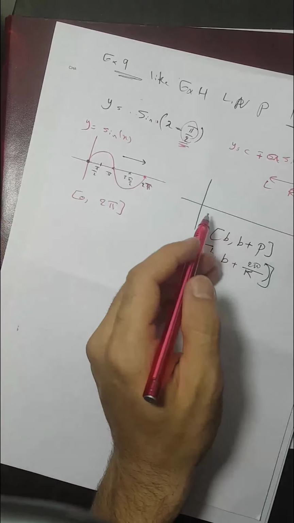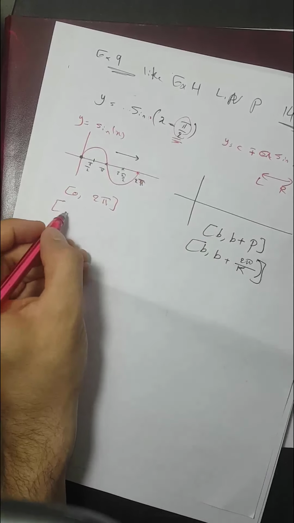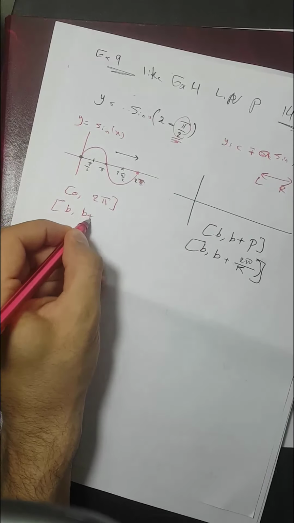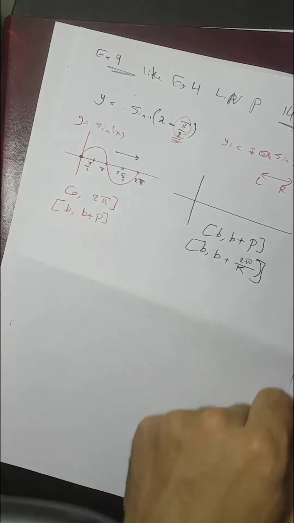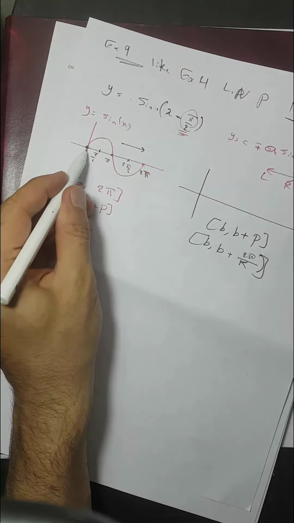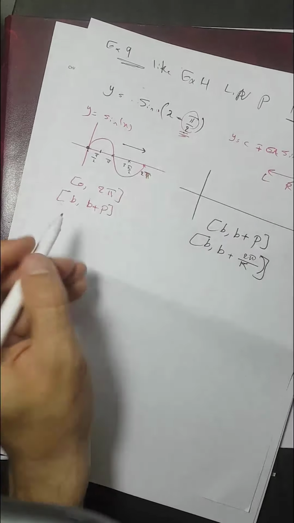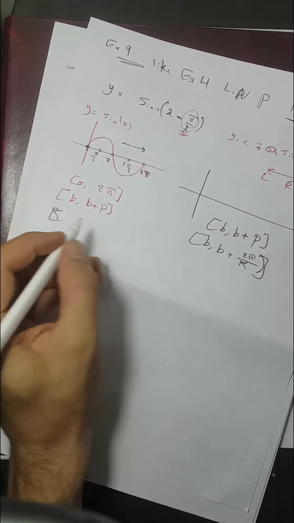But when we use the phase shift, our function will change to another thing. We'll shift it to here. So instead of 0, we'll start with the other thing. So should we start with b? So where is your b in your example 9?